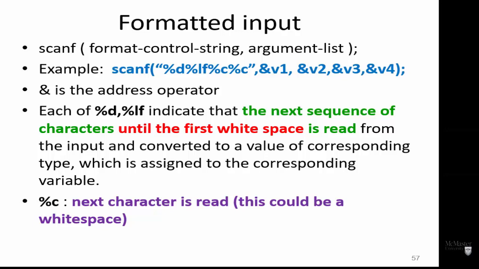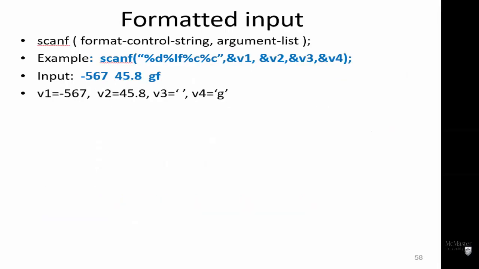First of all, you should ask yourself how many placeholders you have. You have 1, 2, 3, 4. One of them is a decimal integer value, one is a long floating point, which is double, then character, character. That means V1 will be an integer, V2 will be a float or double, here in this case double, and then V3 and V4 are characters, right?